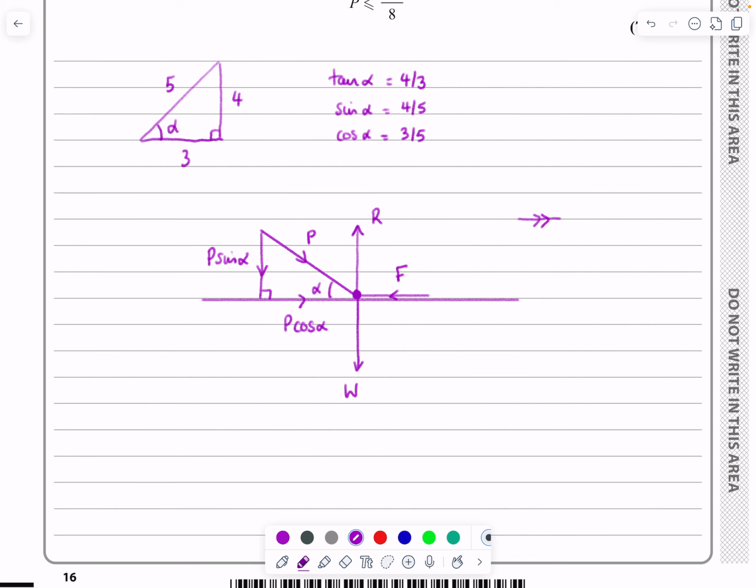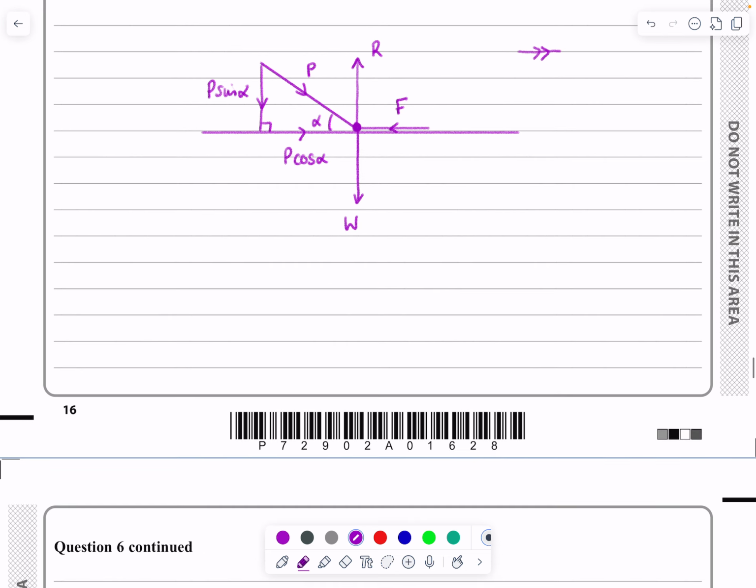Right, so once I've got that, we said that there's no movement, so let's resolve vertically. If I resolve vertically, what have I got? I've got my W, my R, and my P sine alpha there. Well, they're all going to balance out, so F equals ma.